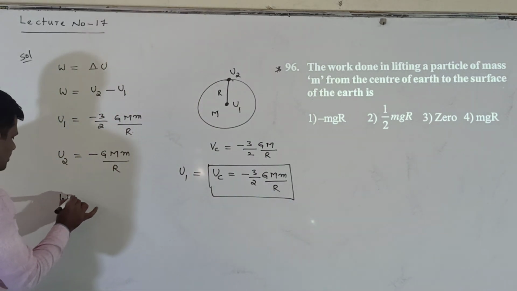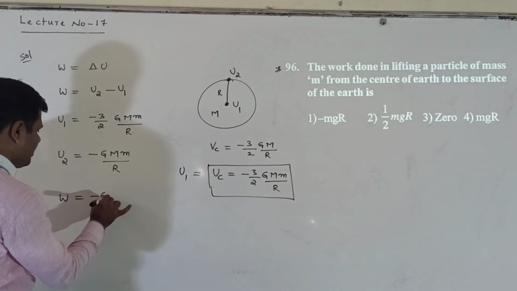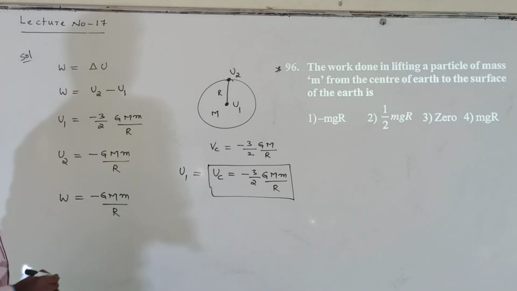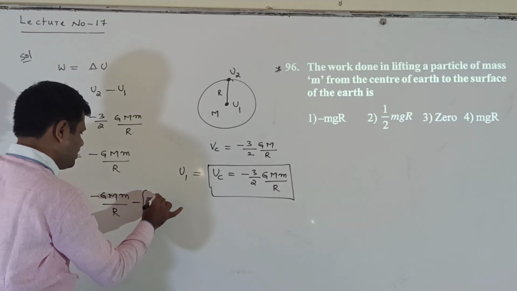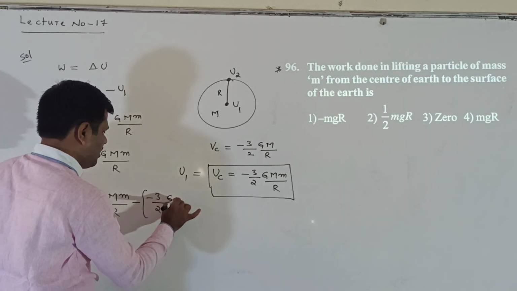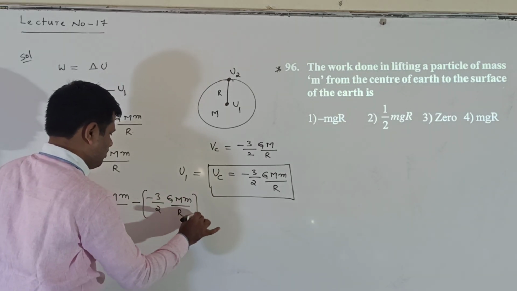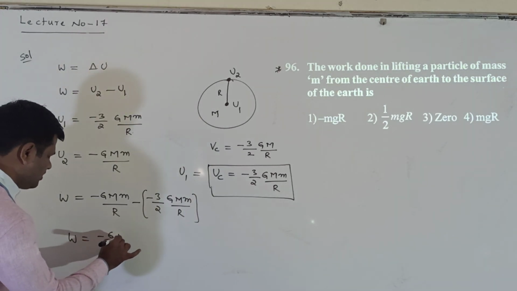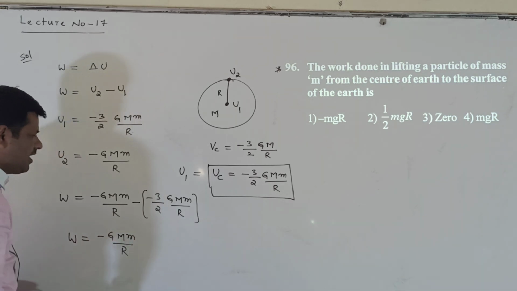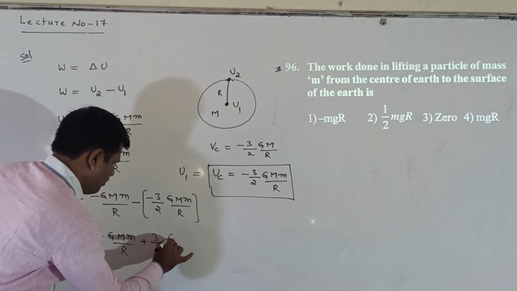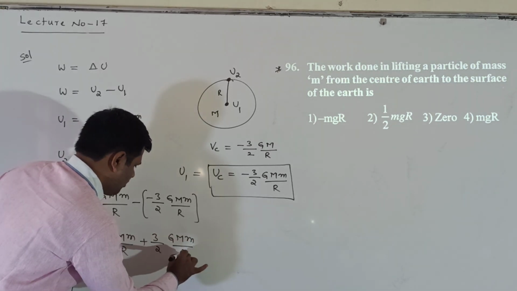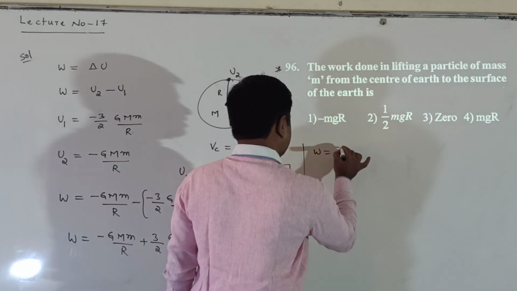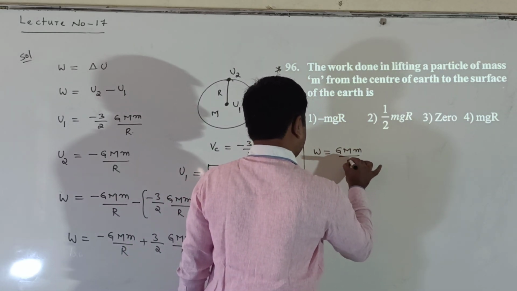So the work done is equal to change in potential energy, that is U2 minus U1. That is minus GMm by R minus of minus 3 by 2 GMm by R. Now what are we getting? Work done is equal to minus GMm by R plus 3 by 2 GMm by R. Take GMm by R common.